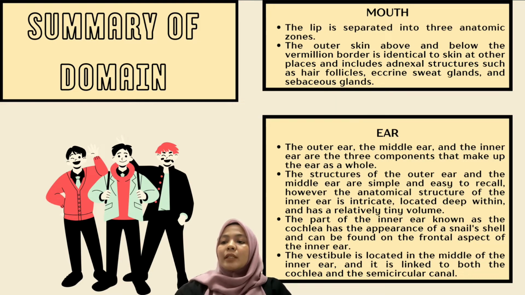The part of the inner ear, also known as the cochlea, has the appearance of a snail shell and can be found on the frontal aspect of the inner ear. The vestibule is located in the middle of the inner ear, and it is linked to both the cochlea and the semicircular canal.